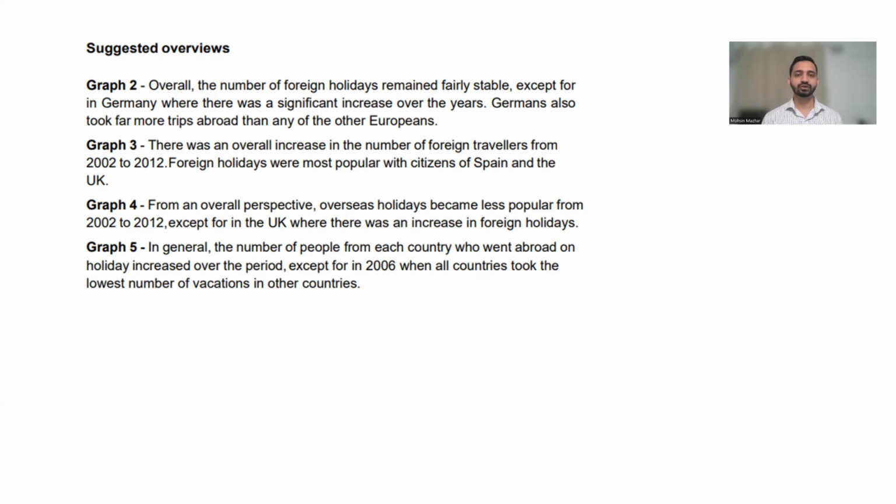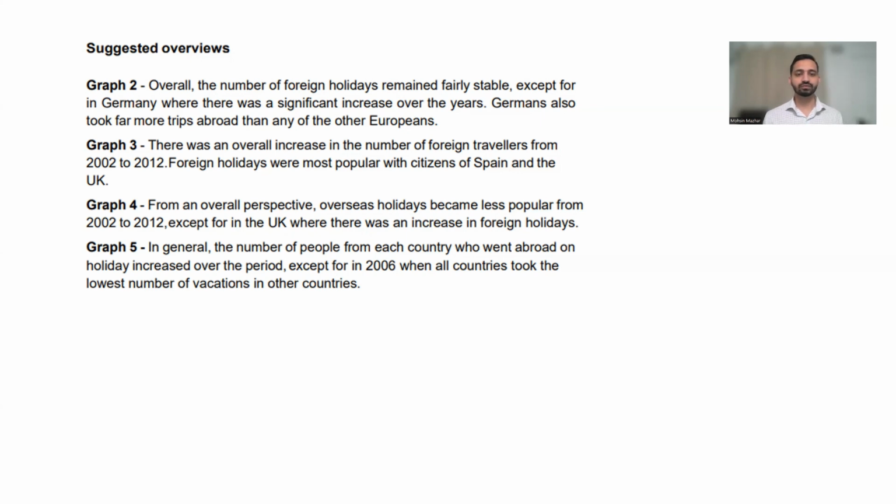Overall, the number of foreign holidays remained fairly stable, except for in Germany, where there was a significant increase over the years. Germans also took far more trips abroad than any of the other Europeans. That's the overview. It represents a summary of the overall graph, okay?